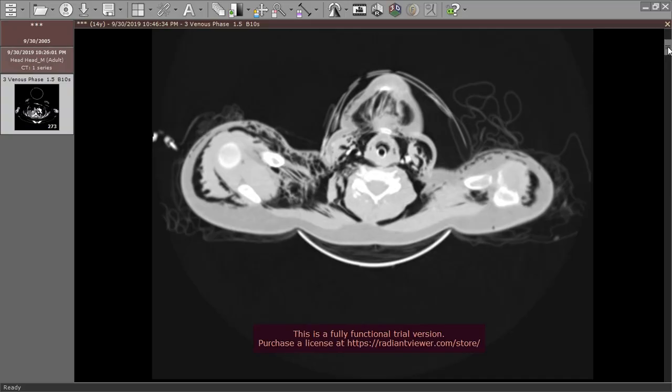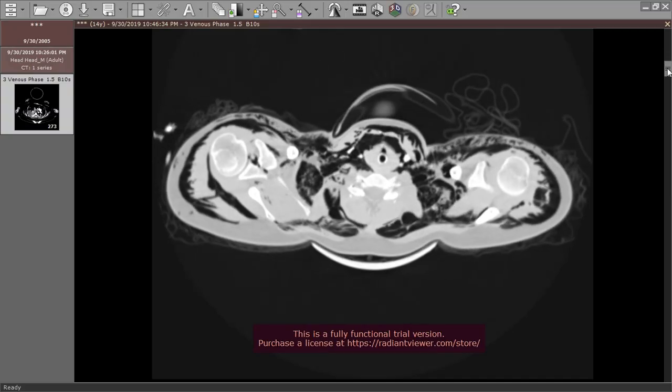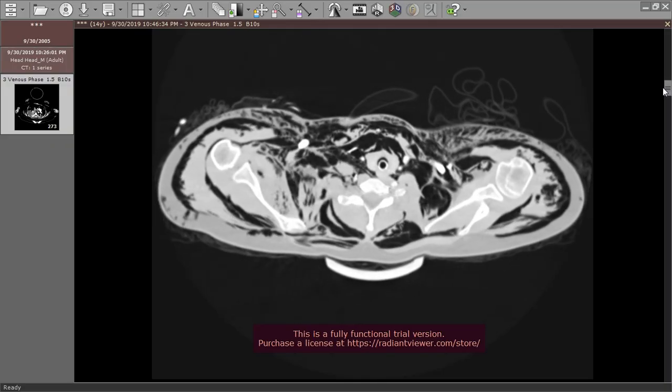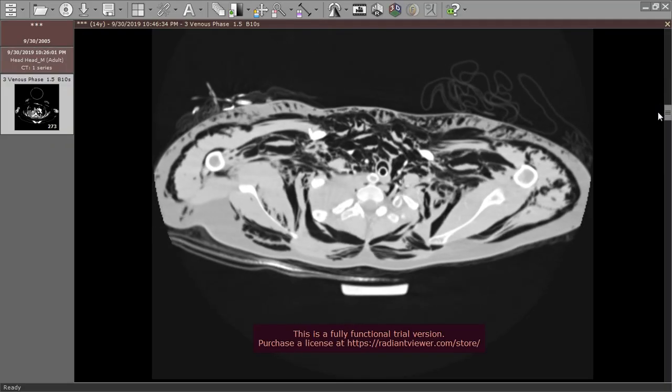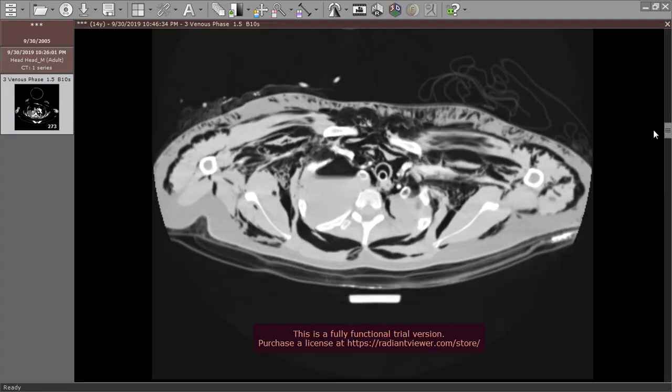Case number 3, severe crushing trauma. It has all the signs you want to know about trauma.